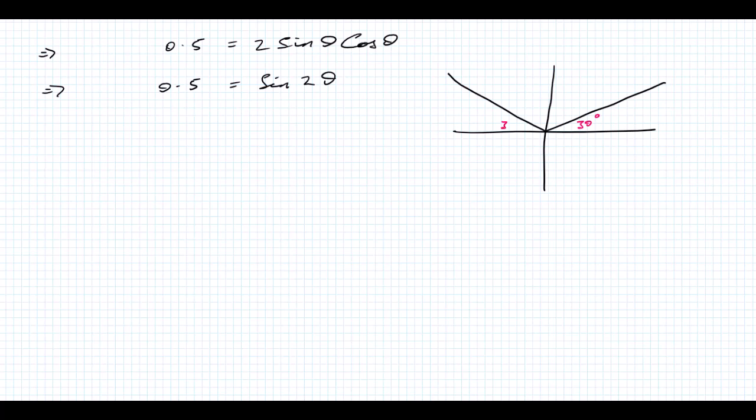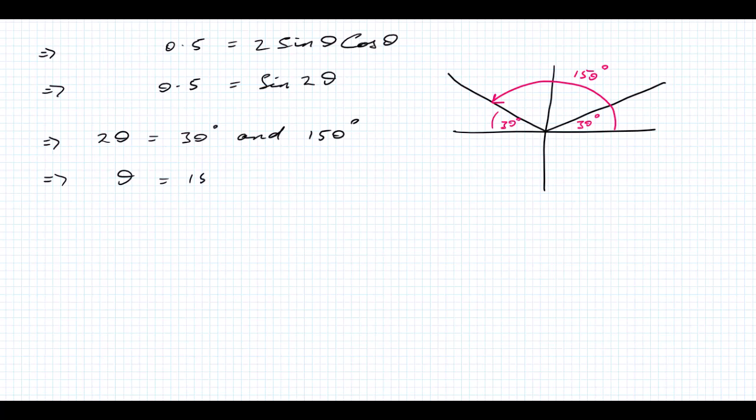And our reference angle here must also be 30 degrees, making our other angle here 150 degrees. So that just means then that 2 theta must equal 30 degrees and 150 degrees, giving us finally our angle theta being 15 degrees and 75 degrees. So these are our thetas.